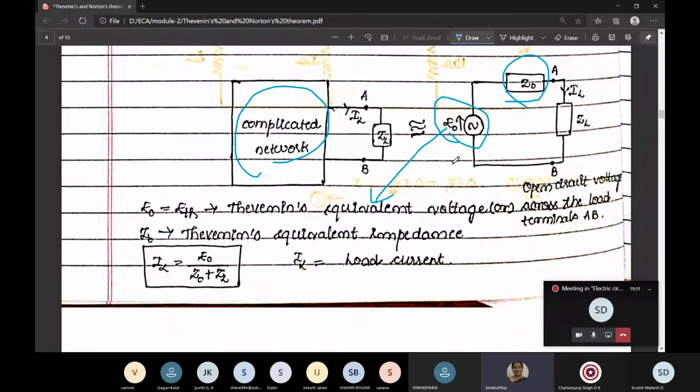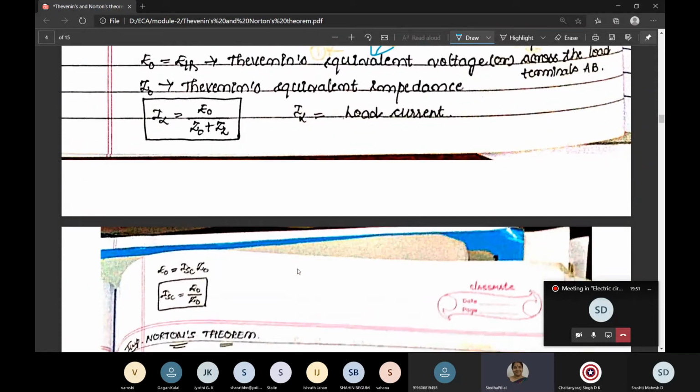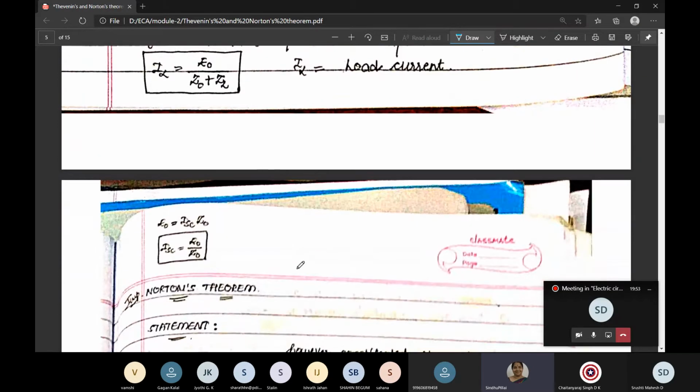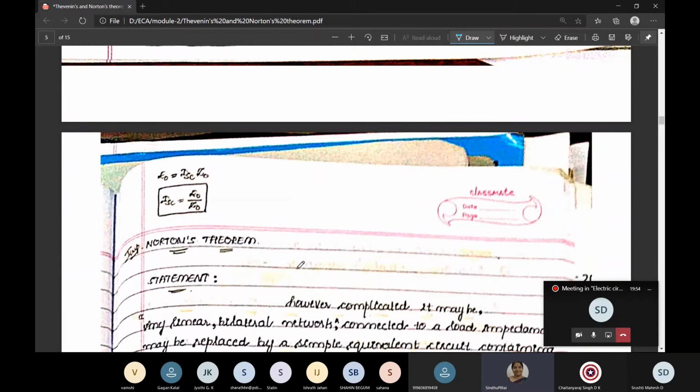Then next, what will be our load current IL? IL is nothing but the Thevenin's voltage, E0, divided by Z0 plus ZL. The combination of Thevenin's impedance and load impedance will give us the load current IL. So this is the formula that will be used. Next, I'll tell about Norton's theorem now. That is the statement of Thevenin's theorem.